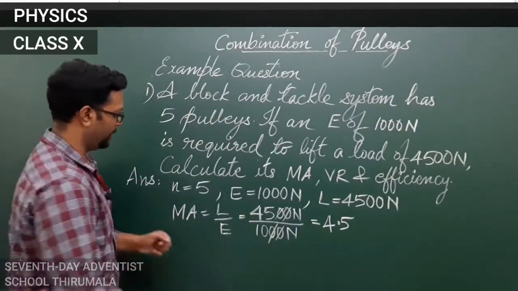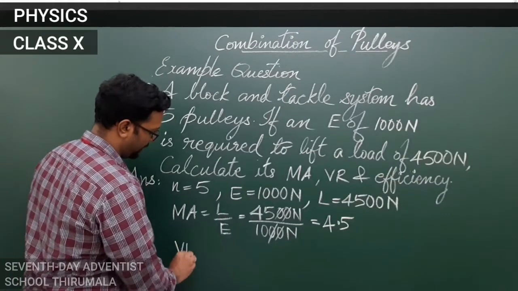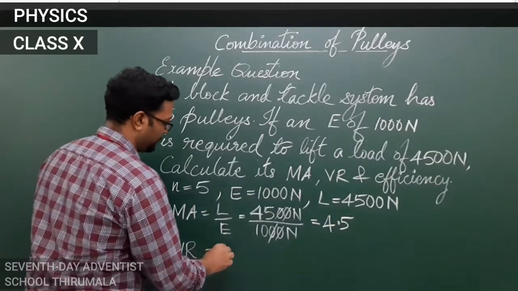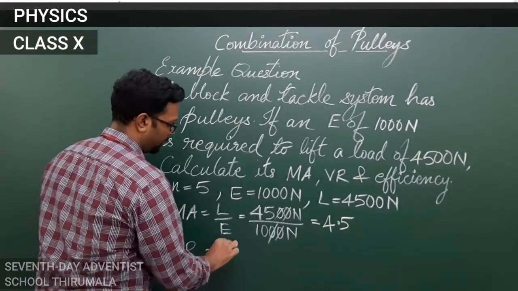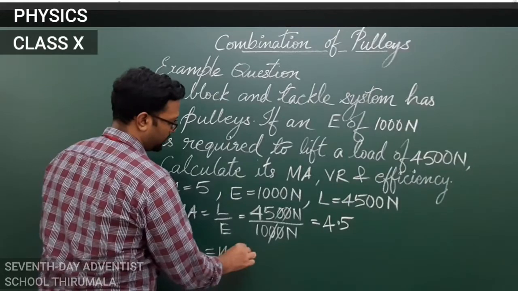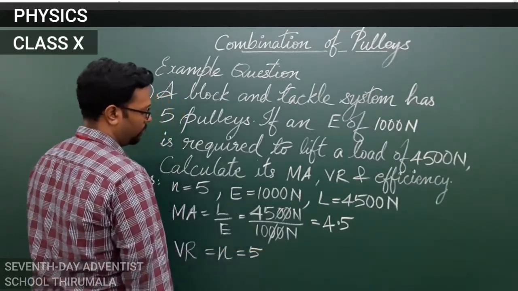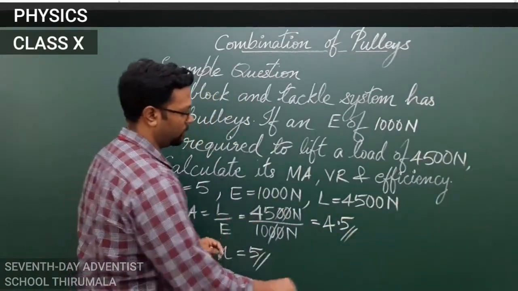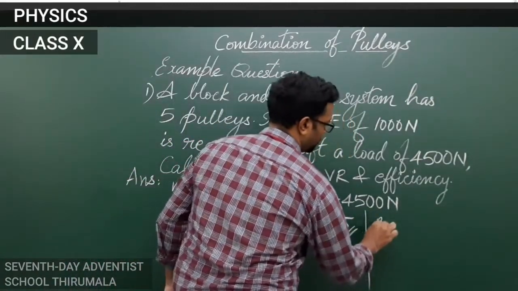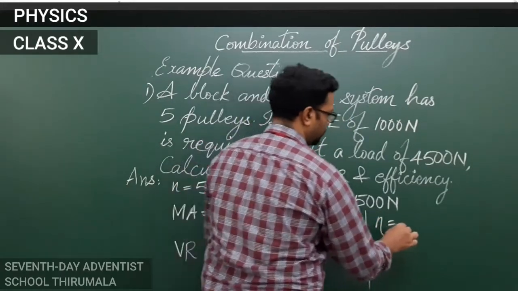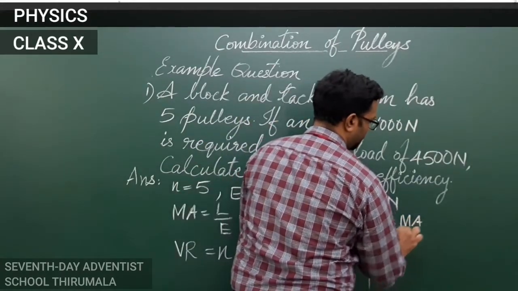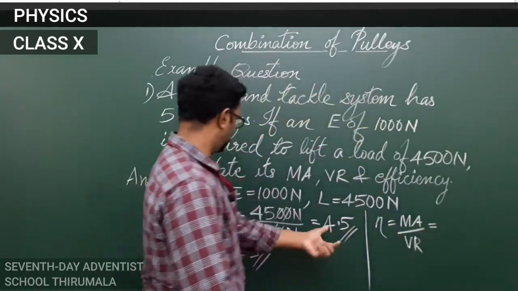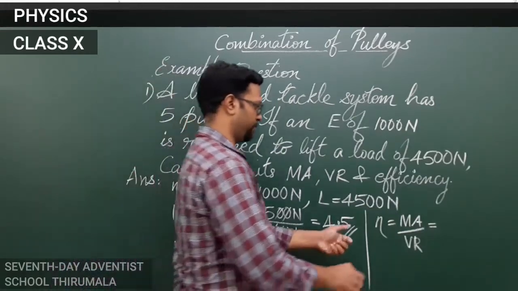Then how will we calculate the velocity ratio? Calculating velocity ratio, we use the method we used earlier, that is simply you can write velocity ratio is equal to number of pulleys n, which is equal to 5. So next, finally we have to calculate its efficiency. I don't have enough space to write here, so I'll write over here. Efficiency is equal to mechanical advantage divided by velocity ratio, which is equal to 4.5 divided by 5.